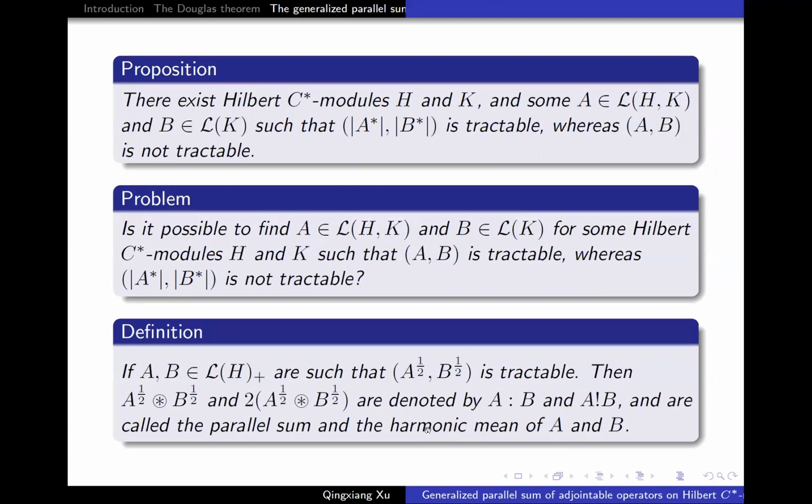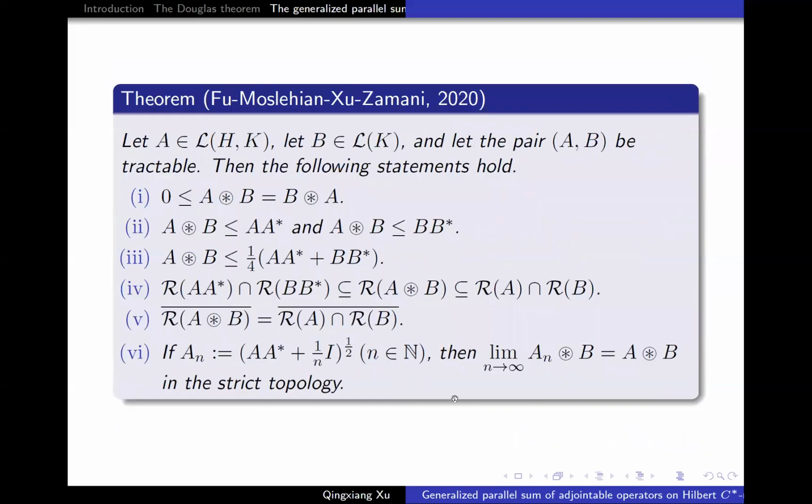Actually, much literature considers the harmonic mean in the context of positive definite operators or matrices, and in our context, we use a more general setting. So I think some generalizations can be made if we consider things in this context.